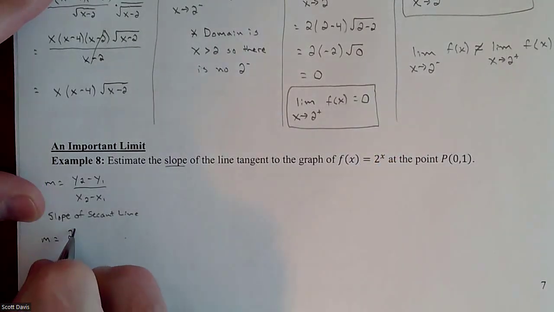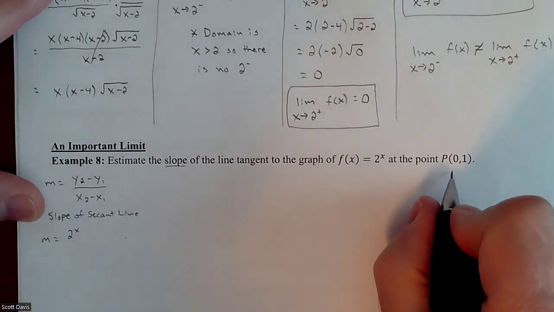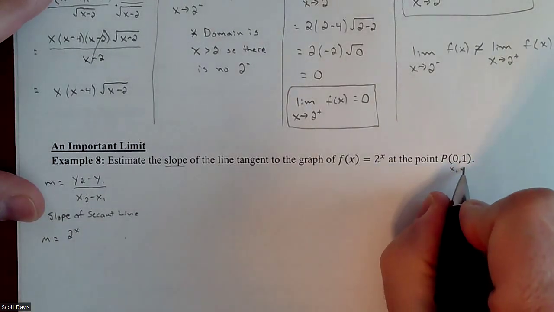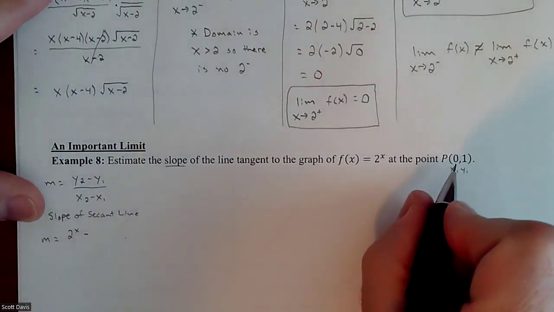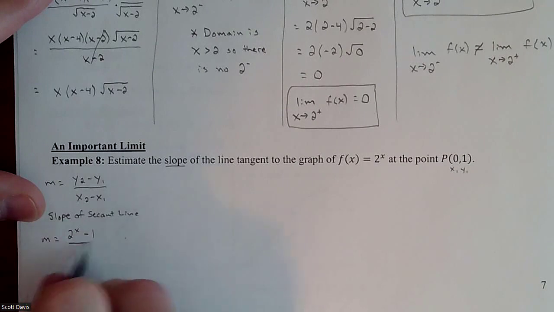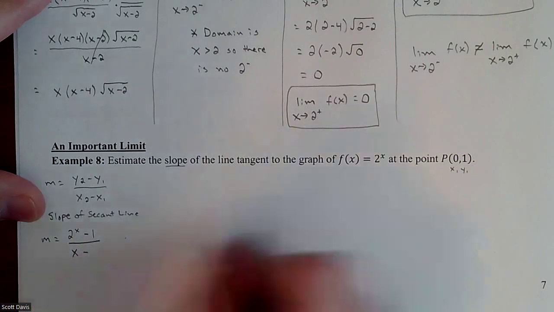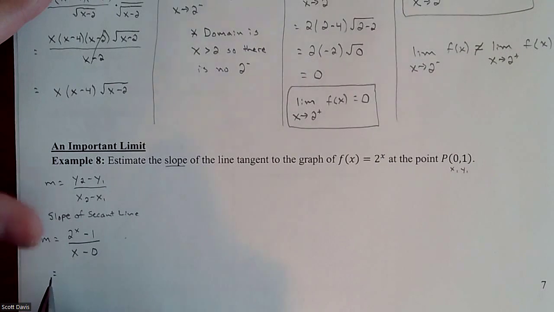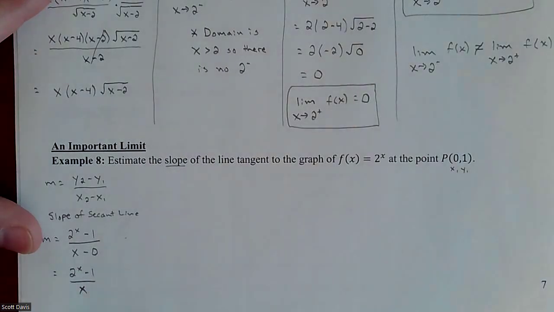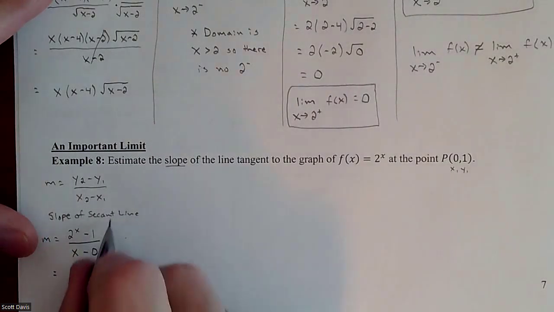So it's going to be 2 to the x minus, and this is going to be our x1, y1, so it's going to be 2 minus y1, divided by x minus x1, which is 0. So this becomes 2 to the x minus 1, divided by x. So that's our slope of our secant line.